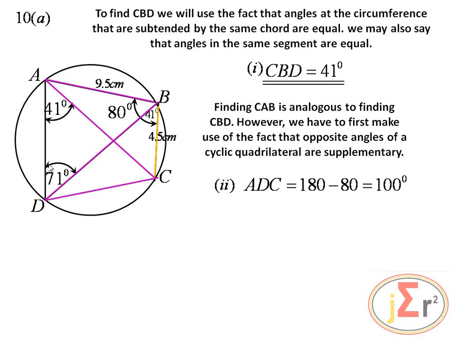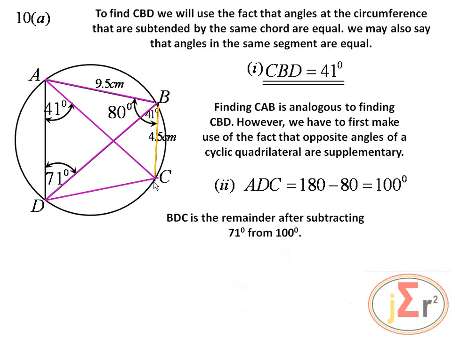So this large angle here is equal to 100 degrees. 80 plus this large angle is 180 degrees. No one can help but say that this large angle is 100 degrees.